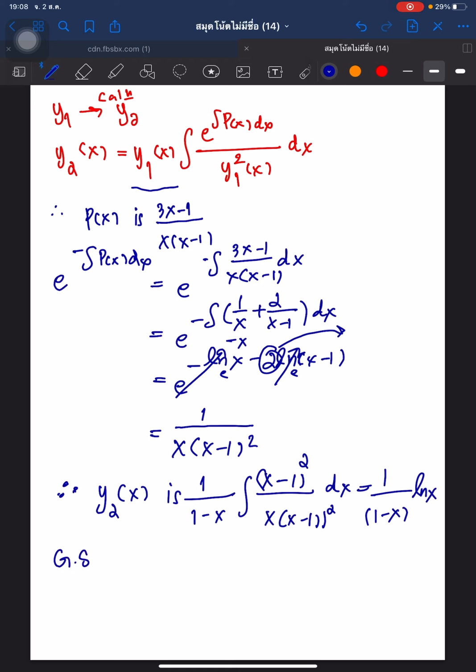this is the general solution. The general term is y of x equal c1 y1 of x plus c2 y2 of x.